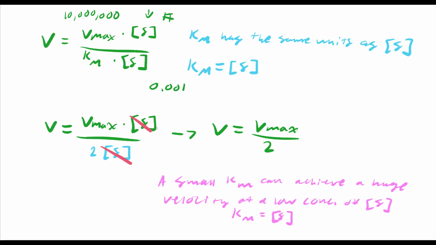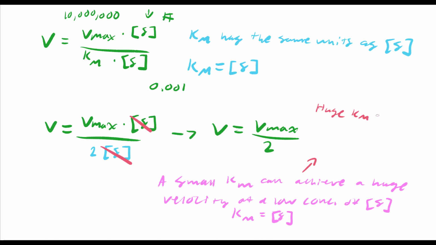And so in that same logic, if you have a high Km, let's kind of piggyback off this idea, right? If you have a huge Km, we're going to need more substrates to achieve the maximum velocity, okay?